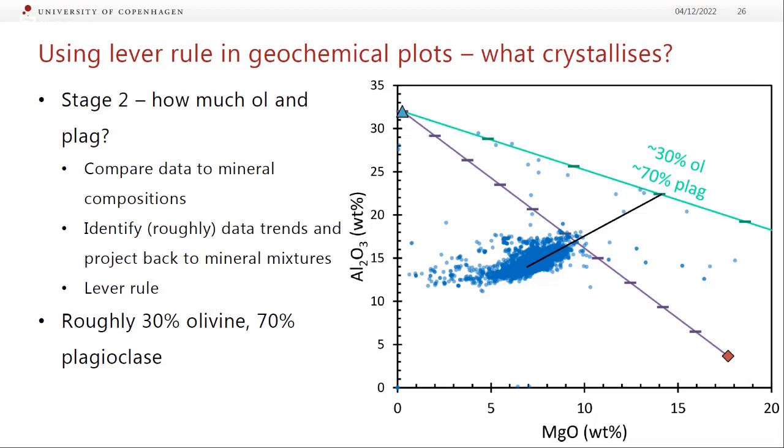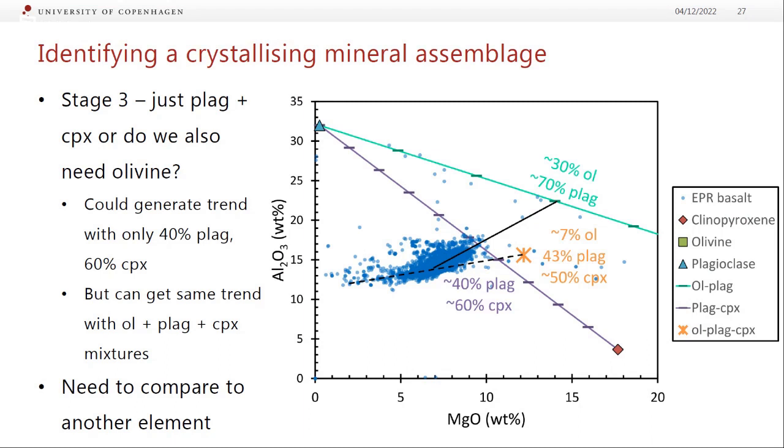Now in the third stage, we had calcium dropping as well, so we know that clinopyroxene started crystallizing, but we weren't sure if there was olivine. I feel like what I've put on this diagram gives it away a bit, but this is kind of the trend I see in the second bit. It's fine if you don't agree with it, we're just doing rough ballpark.